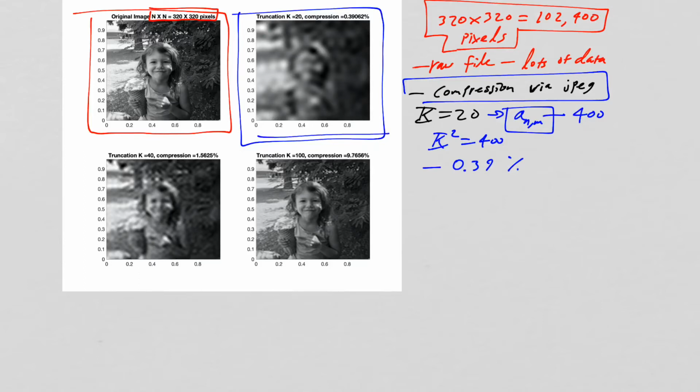And we can see here the image quality is not good. You see a murky picture that might be a human being. You're not really sure. It's pretty bad. But it didn't cost us very much to create that blurry image. The next thing I'll show you is, of course, if we go to a truncation of 40.